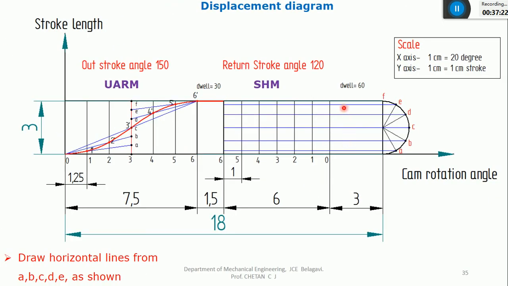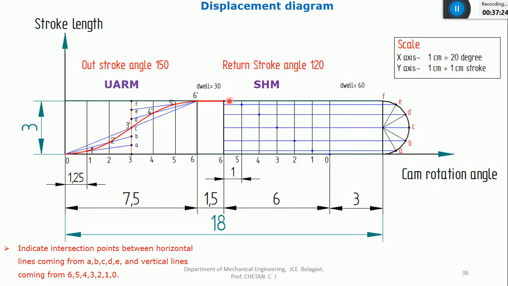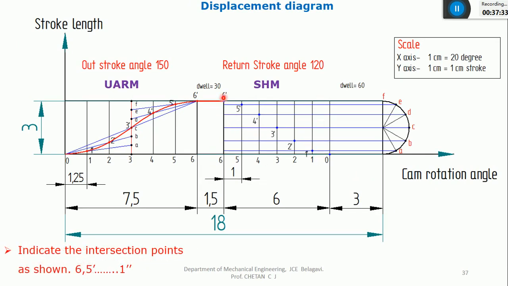So these blue color points are nothing but the intersection points between the horizontal lines and these 6 vertical lines. I got 6 dash, 5 dash, 4 dash, 3 dash up to 1 dash. And I'll continue this displacement diagram from point 6 dash with a smooth curve like this.